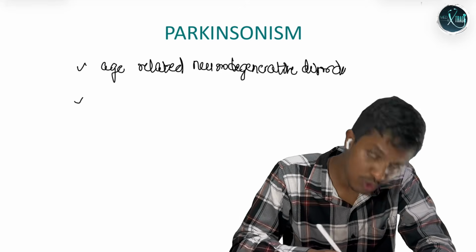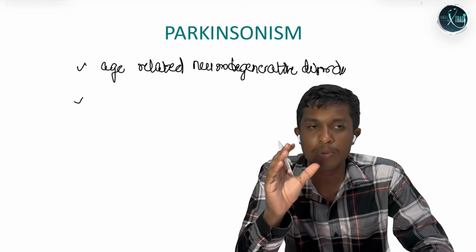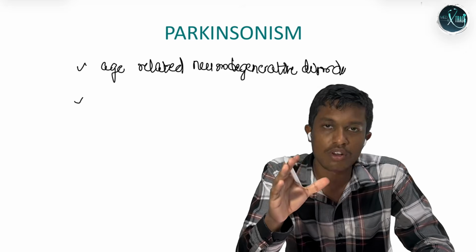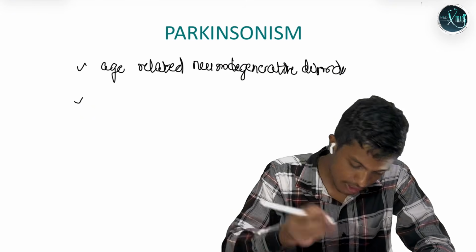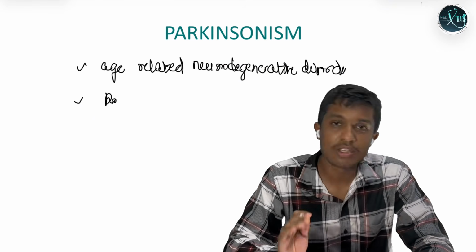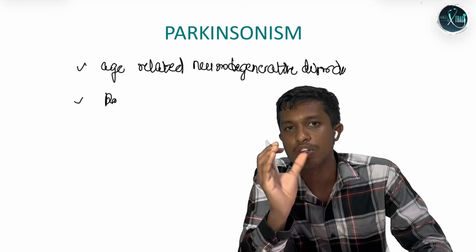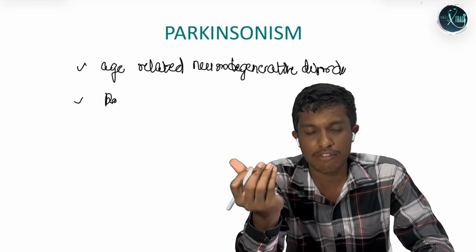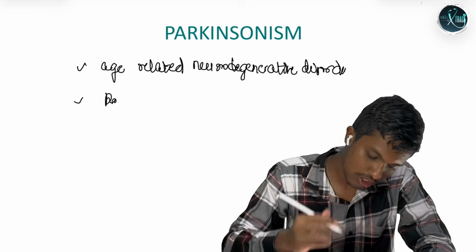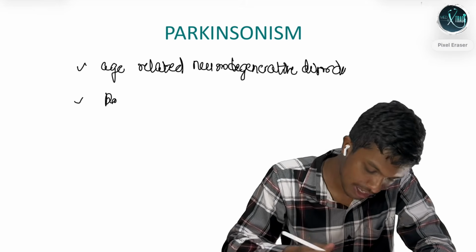This occurs due to degeneration of nigrostriatal dopaminergic neurons that degenerate with aging. So there is an imbalance between dopamine and ACH at the striatum, leading to ACH overactivity, and further symptoms are associated with Parkinsonism that I'll explain in the next slide.